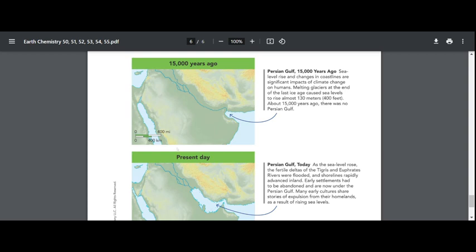So this image right here is of the Persian Gulf 15,000 years ago. Okay, so over here, we see that sea level rise and changes in coastlines are significant impacts of climate change on humans. Melting glaciers at the end of the last ice age caused sea levels to rise about 130 meters or 400 feet.